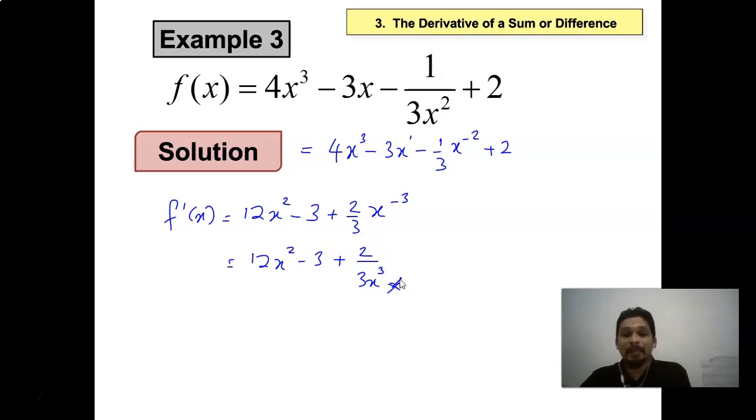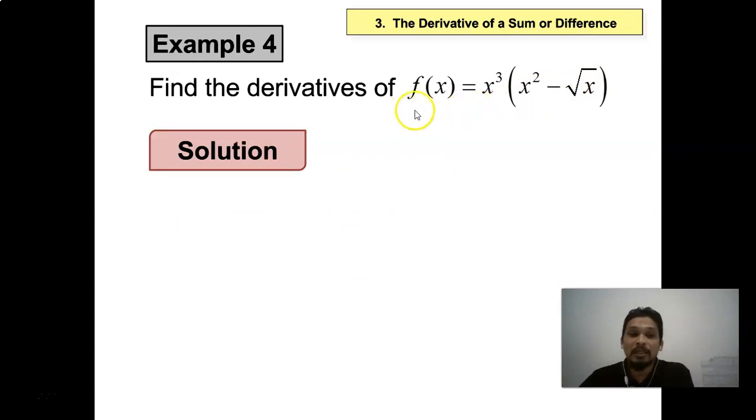Okay, then next, for this question there are two methods that we can choose. You can choose which you prefer. I prefer to multiply x cubed with every single term that we have here. x cubed multiplied with x squared, and x cubed multiplied with the square root of x. The square root of x is also defined as x to the power of 1/2.